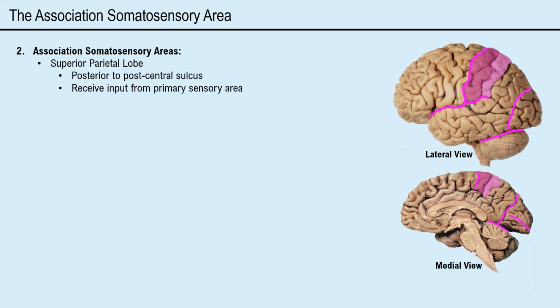It is the association somatosensory area that is used to identify whether we are stroking cotton wool or stroking a feather. This area receives the crude information from the primary projection areas and works out the minute details. Like the rest of the brain, it innervates the contralateral body and face.